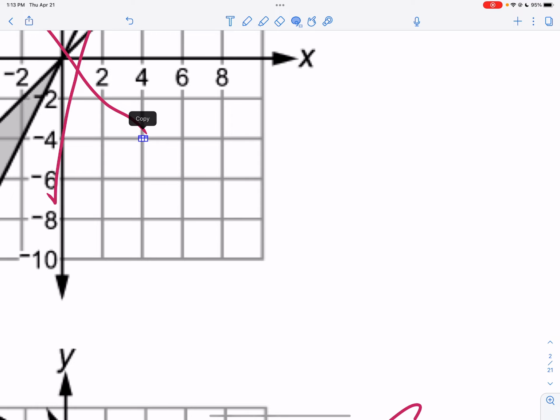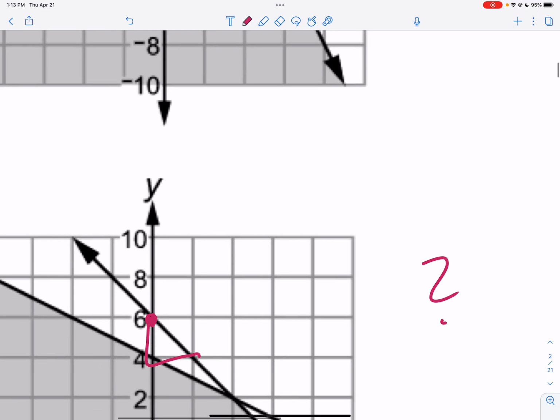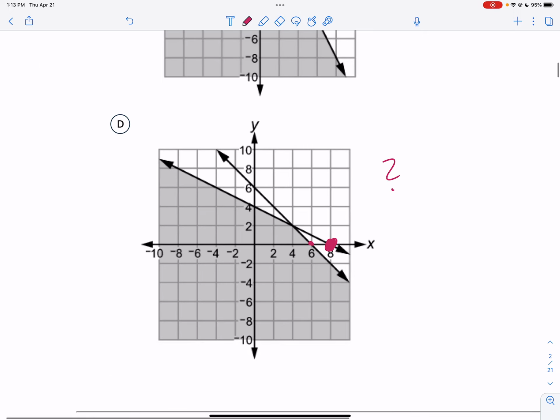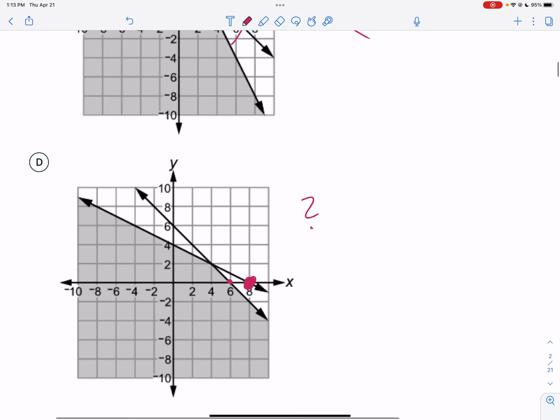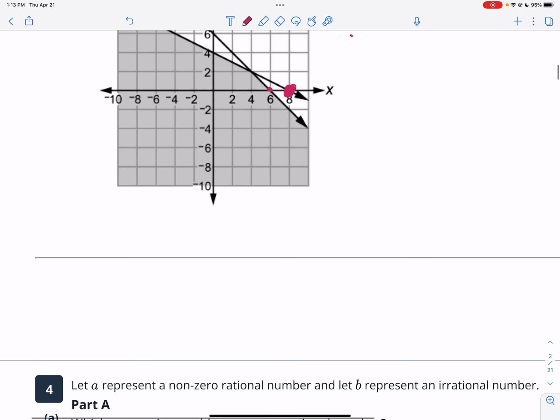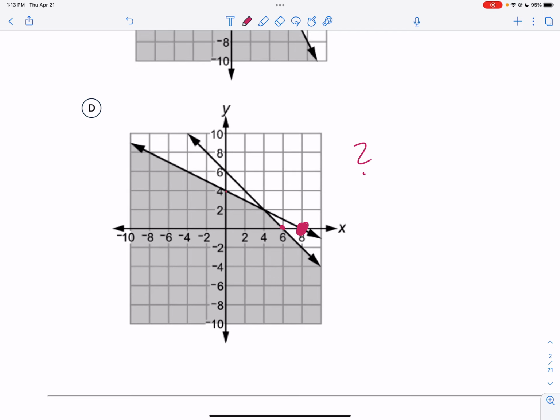If you had a point on one of these things, like right here, it would mean go down 1 over 2. See how that's on the line? Or go up 1, left 2. See how that's on the line? But those are just several different strategies.